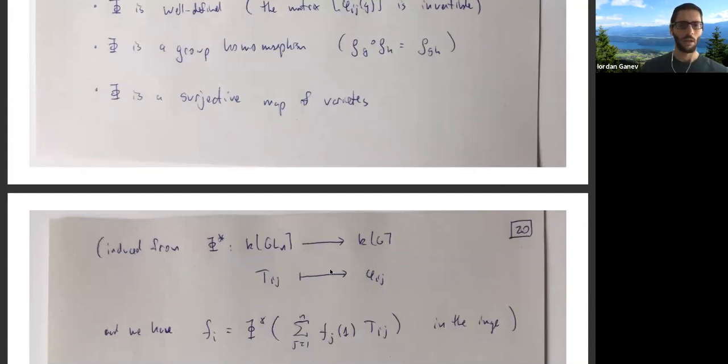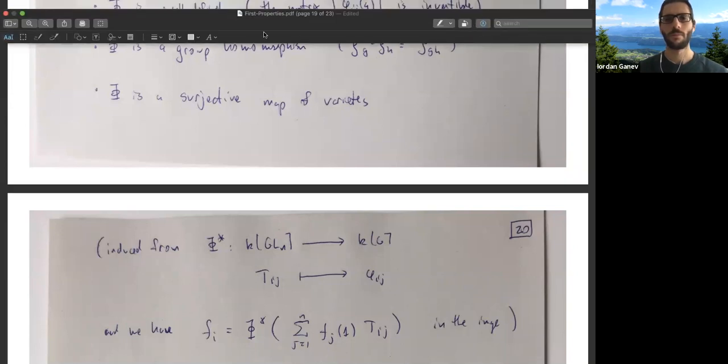It's induced from this map of algebras, this algebra homomorphism, and the generators are hit. So the F_i's are in the image. Sorry, I totally mixed it up. This algebra map is surjective because the F_i's are in the image, and we pointed out earlier that if we have a surjective algebra homomorphism, then the corresponding map of varieties is injective. So let me correct that.